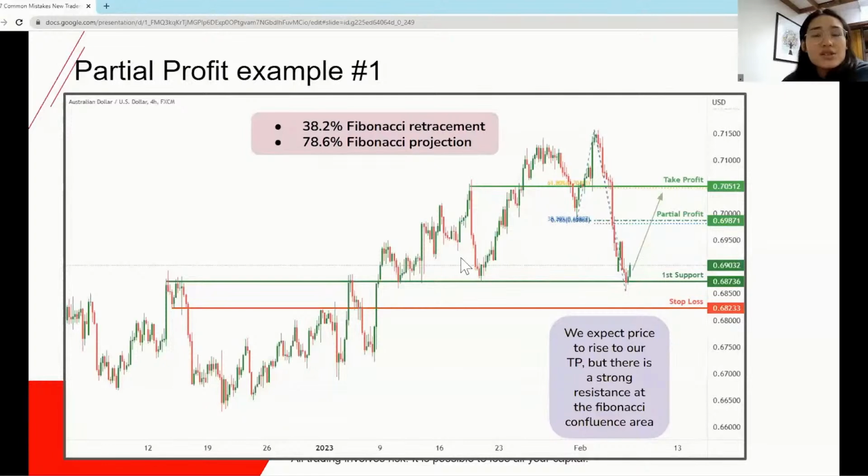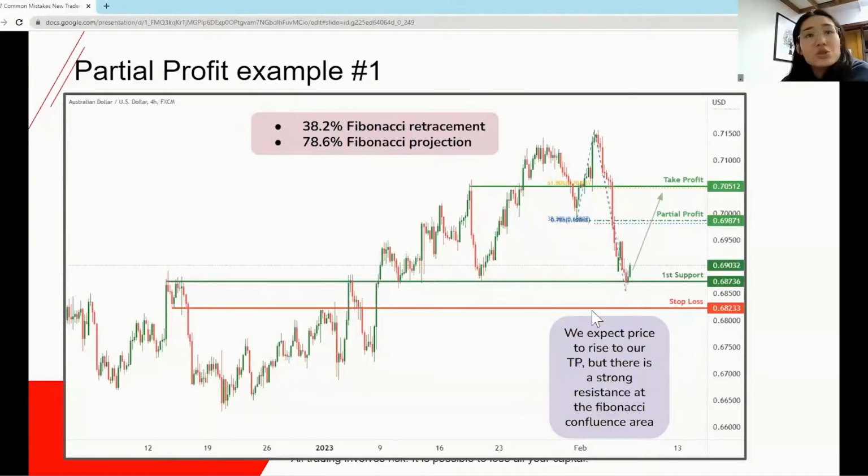Our first support is significant because price has tested this level many times. You can see the swing highs and swing lows, and our stop loss is slightly below that, also in line with a couple of swing highs and lows.